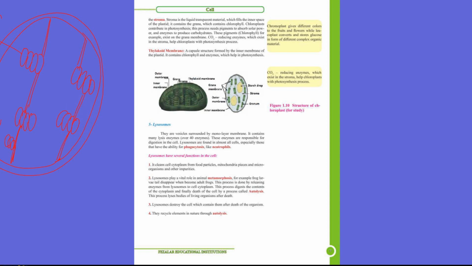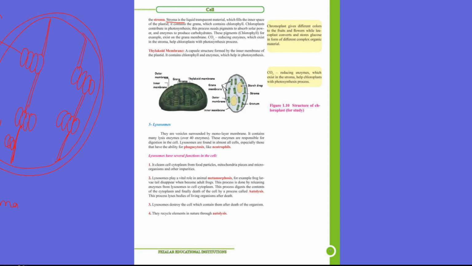There's also fluid that fills the cavity of chloroplast known as stroma. Stroma is the liquid transparent material which fills the inner space of plastids.